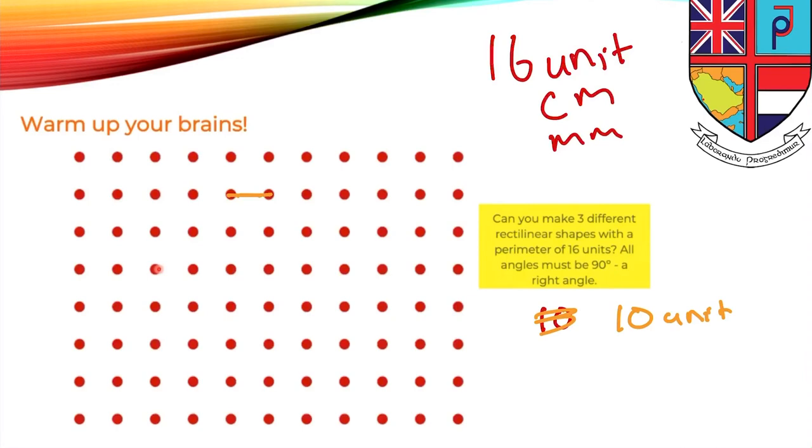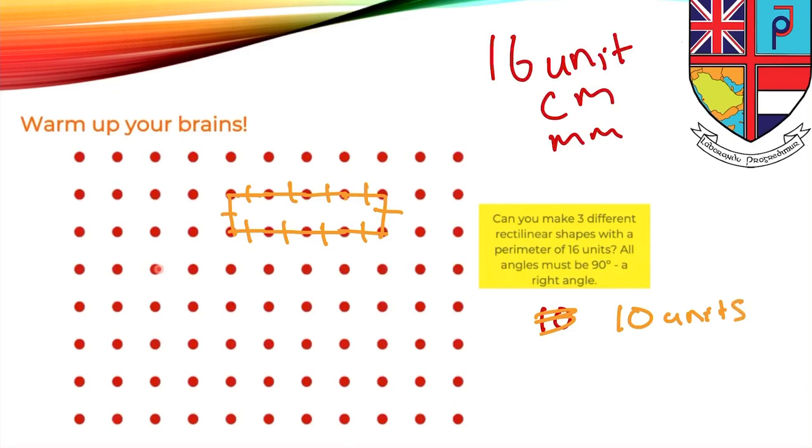So we've got 1, 2, 3, 4, 5, 6, 7, 8, 9, 10. So 10 of these spaces in between the dots represent 10 units. If I measured these with a ruler, maybe that's 1 centimeter between each dot, or maybe a lot more depending on your screen size. We've just used the word units to help with measurements.